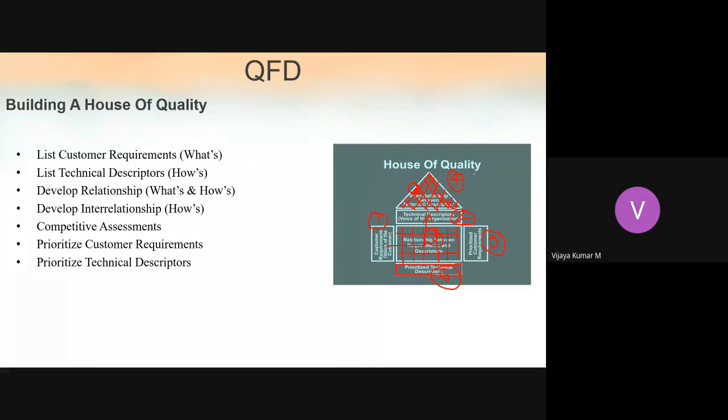In this way, with the help of steps 1, 2, 3, 4, 5, and 6, you will build a house of quality. Right? And from the next slide onwards, I will detail what the first step is and how you have to do it.